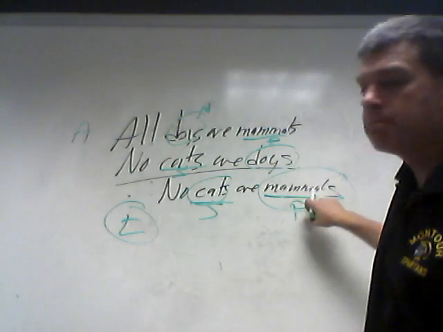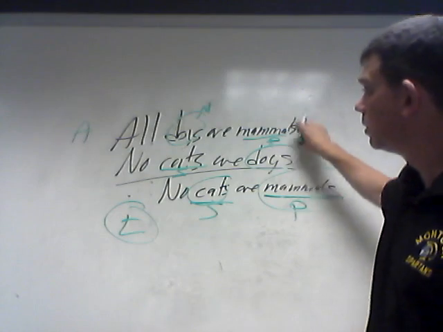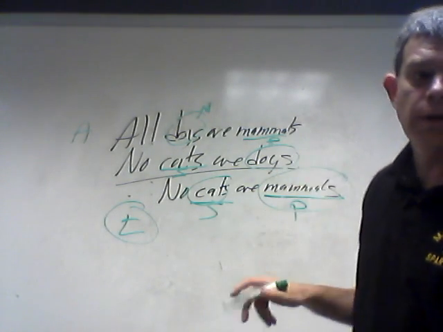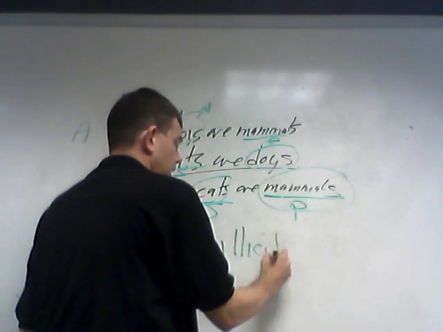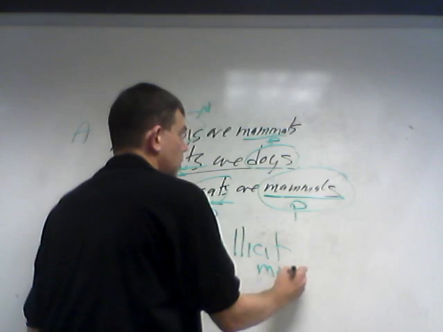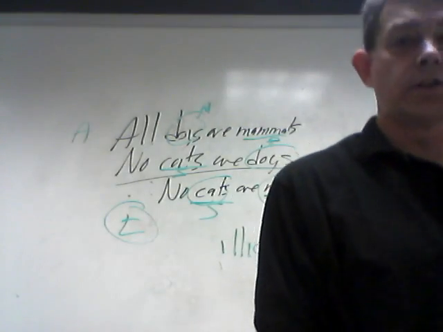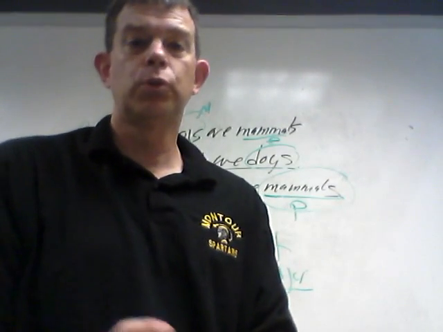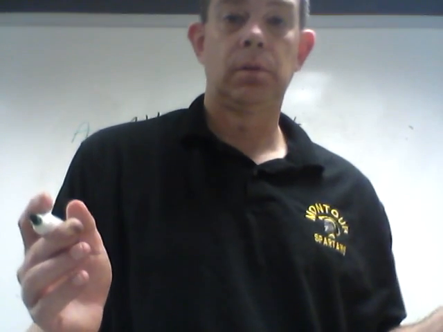Super. Mammals is distributed in the conclusion, not distributed in the premise. What you have here is what is called an illicit major. Okay? The major term was distributed in the conclusion, but was not distributed in the premise. So if it violates that rule, it's out.